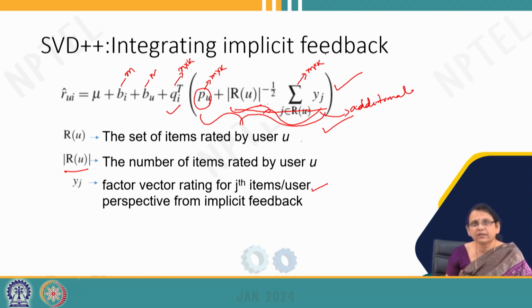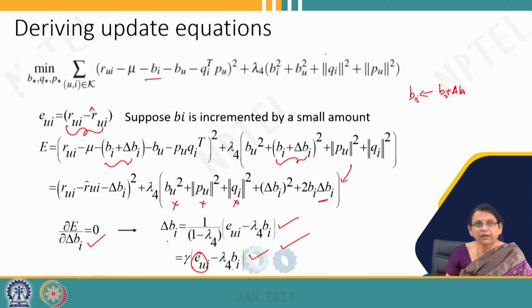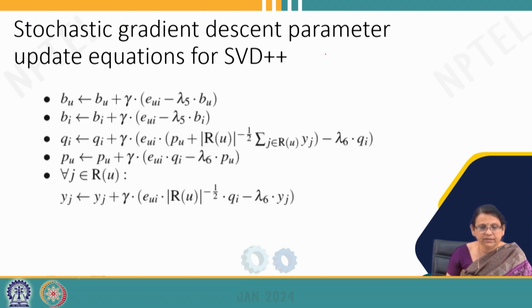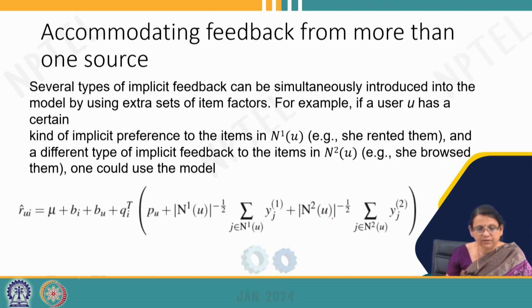So, this many parameters, and in the way we did earlier, for each of the variables we are supposed to now find the updates. Once you find the updates, you will again run stochastic gradient descent, start with certain random values and keep on iterating till your stopping criterion is met.